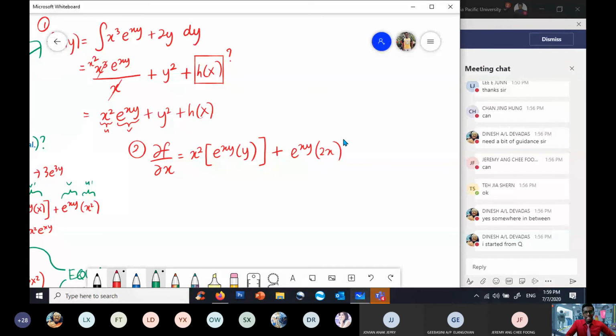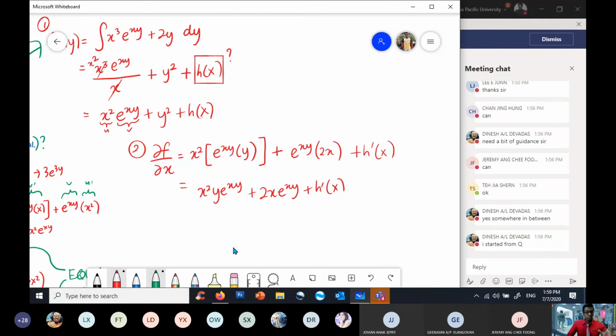Differentiate h(x), obviously you are going to get h prime x. So let's simplify a bit: x squared y e^(xy) plus 2x e^(xy) plus h prime x.